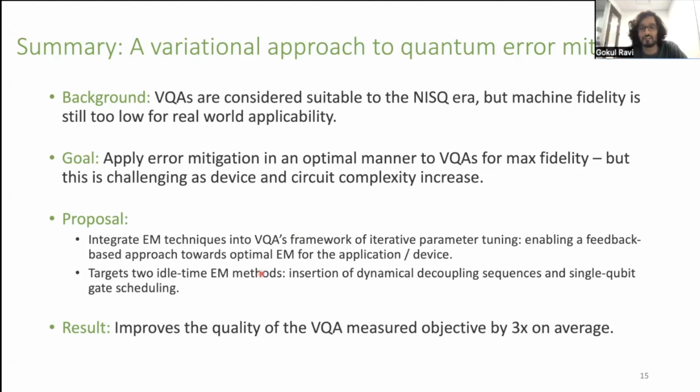While this is a general technique suitable to a number of error mitigation aspects, in this work we specifically focused on a couple of techniques known as dynamic decoupling and single qubit gate scheduling. I'll get into that a bit more. On real machines, we show that we're able to use these techniques to improve the quality of variational algorithms by around 3 times on average.